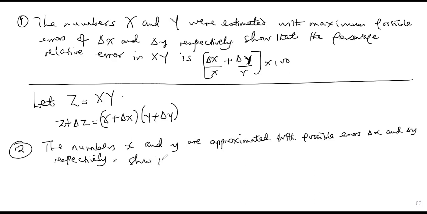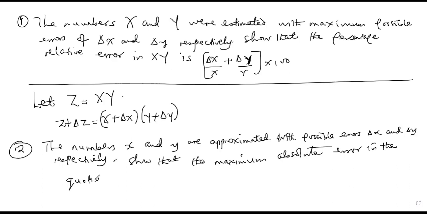Show that the maximum absolute error in the quotient X over Y is given by Y delta X plus X delta Y over Y squared. Okay, so that is what we are expected of proving.